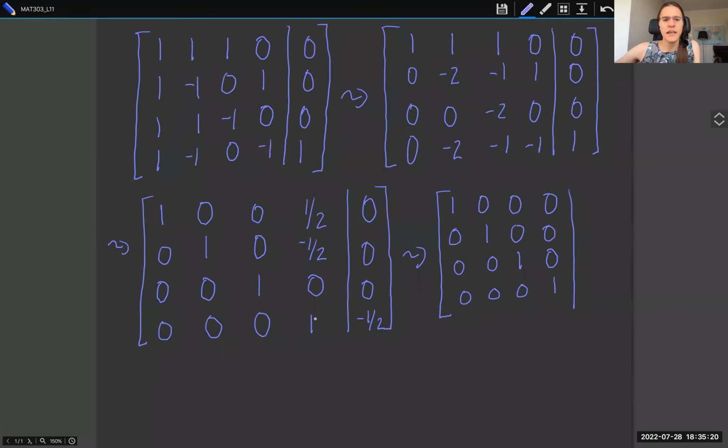So here I subtracted 1/2, and so here I added 1/4. Here I added 1/2, and so here I subtracted 1/4. This row was fine as it is. And then this row is minus 1/2.